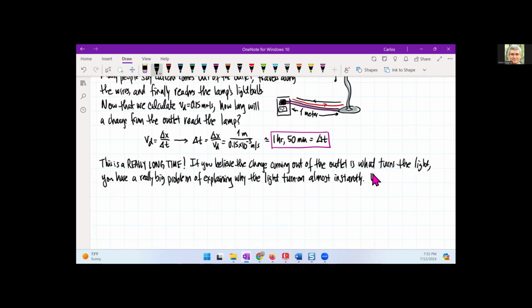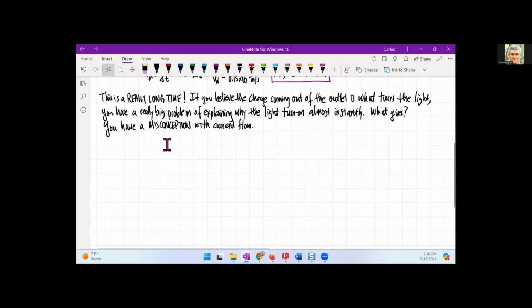In other words, what gives? My response is you have a misconception with current flow. And so what we need to do is start thinking about a different way.